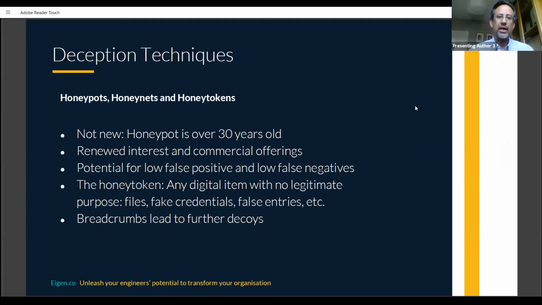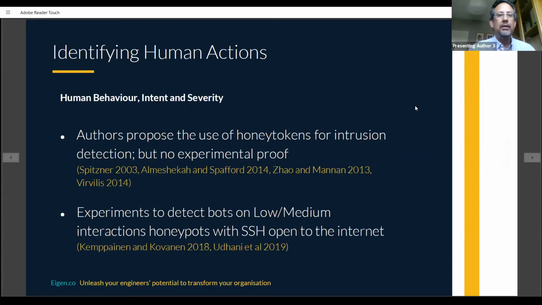And breadcrumb I understand as a honey token that leads to a further decoy or to another honeypot. So honey tokens are much simpler and easier to maintain than honeypots. This is a very interesting feature because when we deploy these devices, we also need to maintain them.